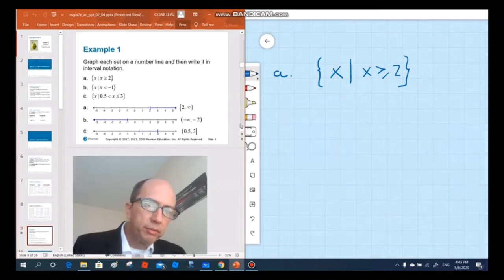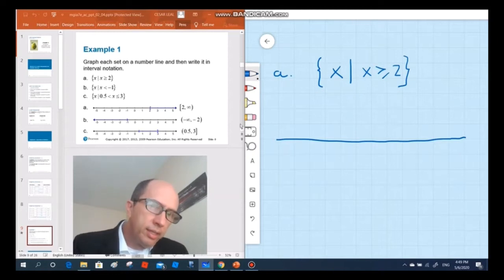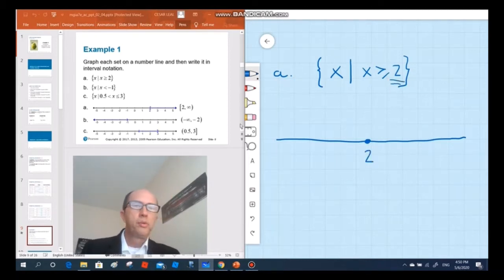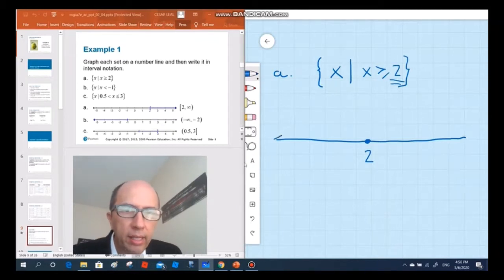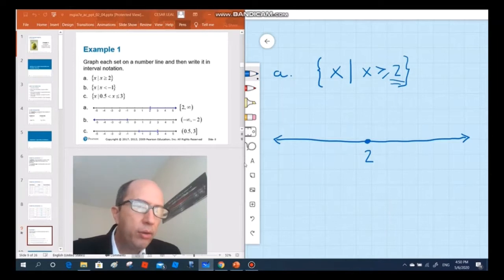Well, graph notation, start with a line, and there's going to be a point here in the middle of this line. The number corresponding to this point here is this number 2, right? And the line goes from negative infinity to positive infinity. Don't forget the arrows to represent that this is an infinite line.